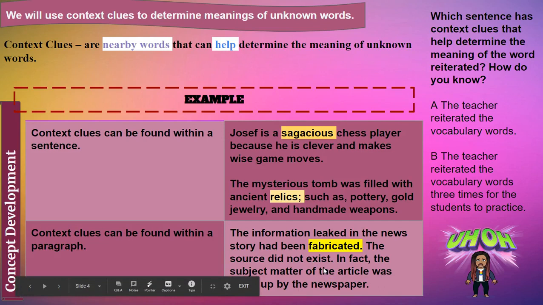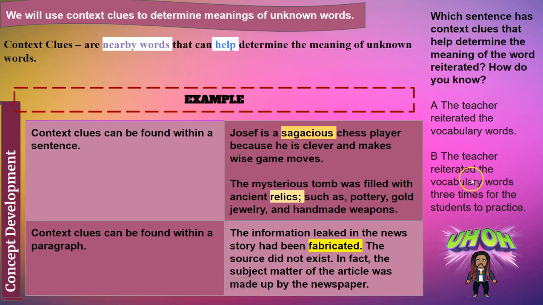So here's what I want you to do. I want you to try the check for understanding to the right. Which sentence has context clues that help determine the meaning of the word reiterated? How do you know? So this is a two-part question, guys. Anytime I ask you a two-part question, I'm looking for two answers.